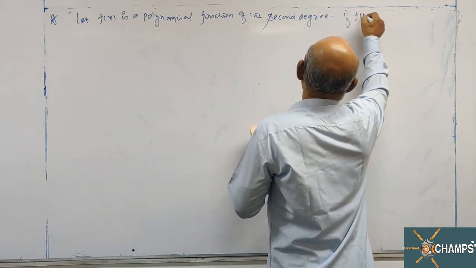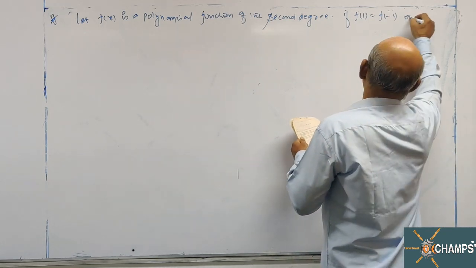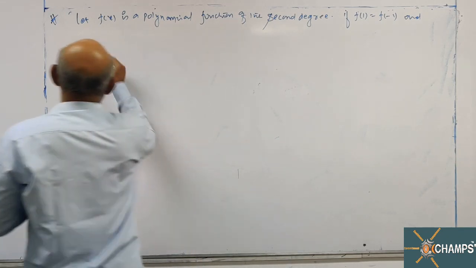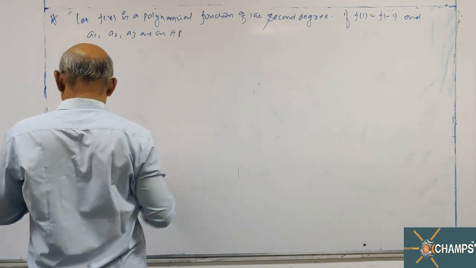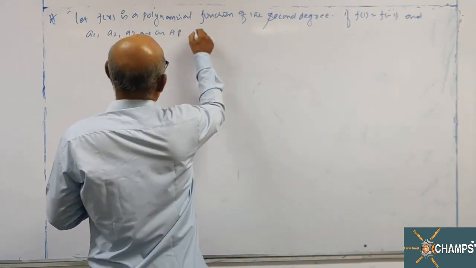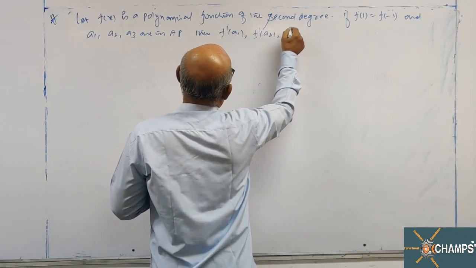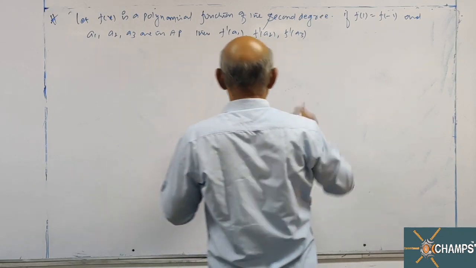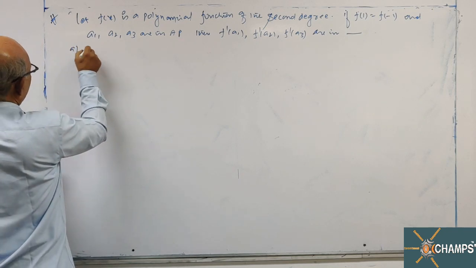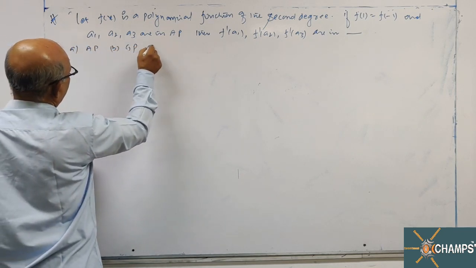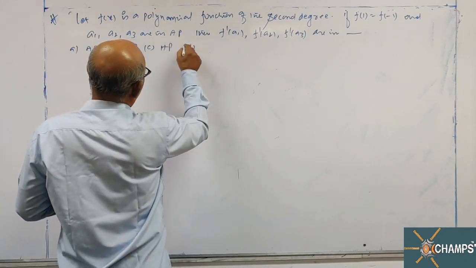If f of 1 is equal to f of minus 1, and a1, a2, a3 are in AP, then f dash a1, f dash a2, f dash a3 are in dash. Option A, arithmetic progression. Option B, geometric progression. Option C, harmonic progression. Option D, none.